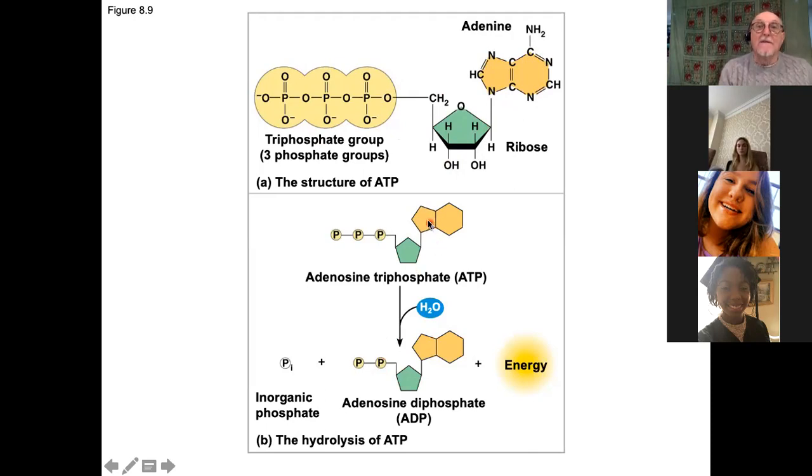So this molecule here, ATP, lodged in here is energy. Where did that energy come from? It actually came from the electrons which were present in hydrogen molecules in some fuel source. That's where it originated.